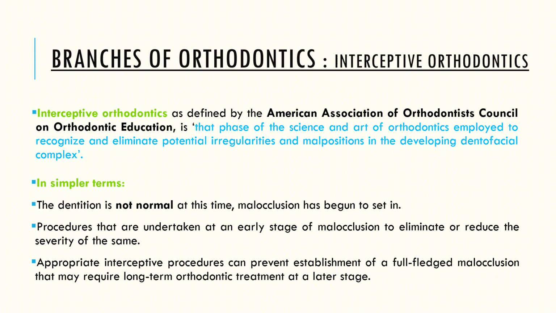So in simpler terms, here the dentition is not normal at this particular time. Malocclusion has begun to set in. They are the procedures taken at an early stage of malocclusion so as to eliminate or reduce the severity of the same. Appropriate interceptive procedures can prevent establishment of full-fledged malocclusion that may require long-term corrective orthodontic treatment at a later stage.